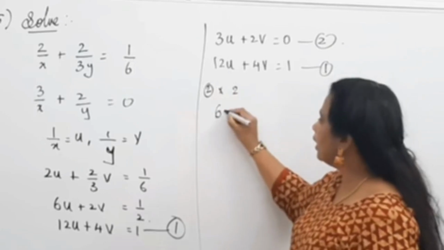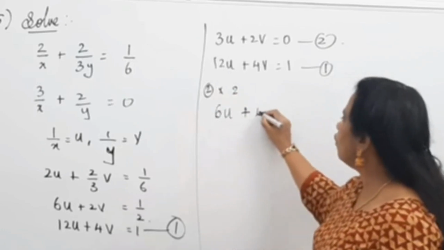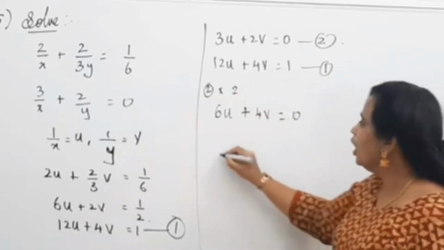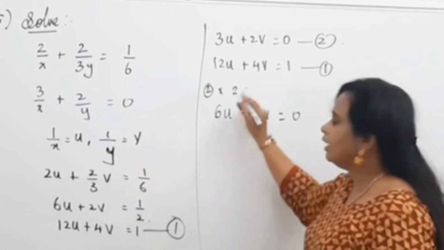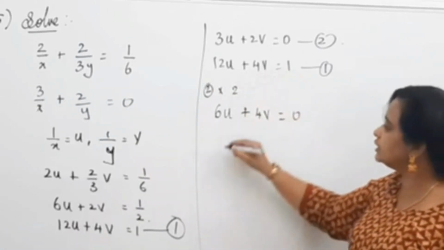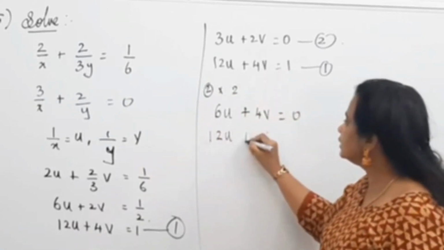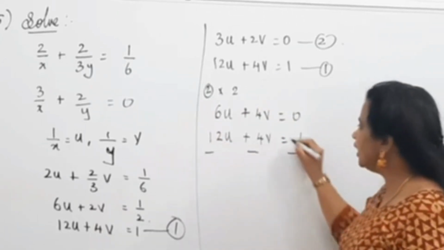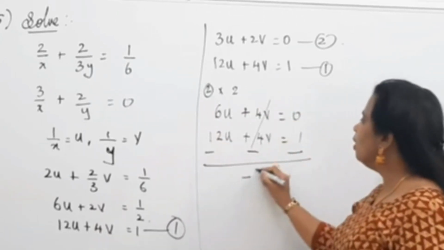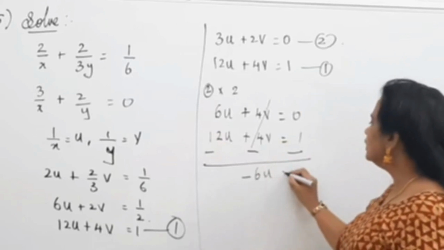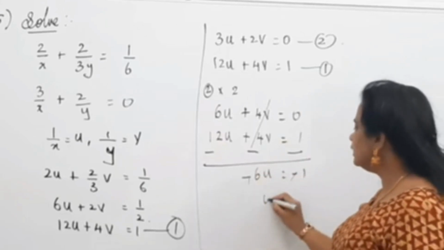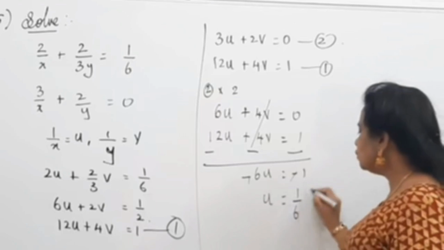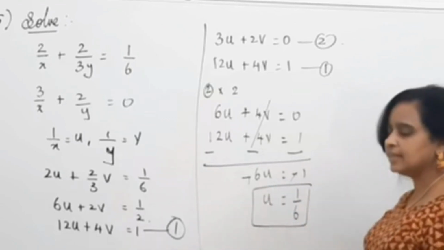So that implies 6u plus 4v equal to 0. I'm not doing any multiplication for the first equation because the coefficient is the same. I will just change the symbol. That is minus 6u is equal to minus 1. Minus minus gets cancelled. That is u is equal to 1 by 6.